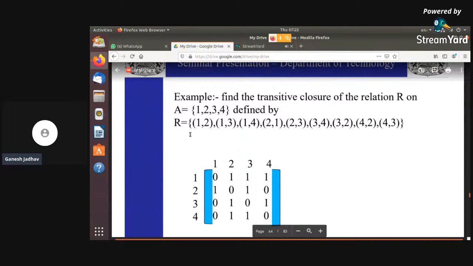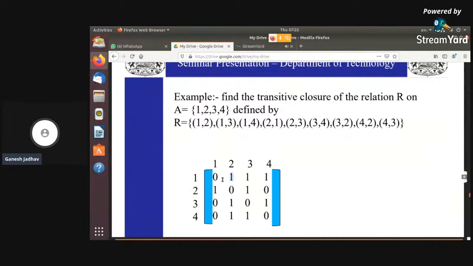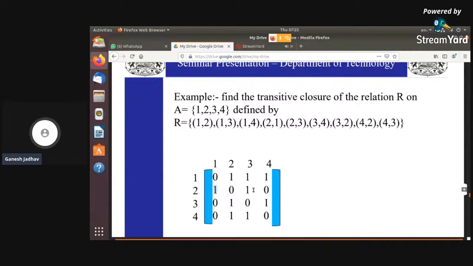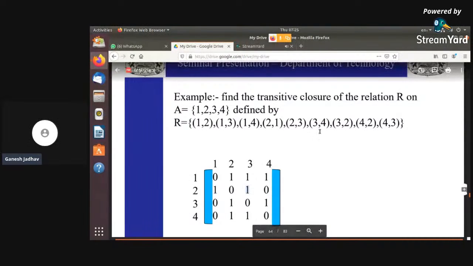So how can you write the matrix using this relation? (1,2) goes to first row and second column. (1,3) goes to first row and third column. (1,4) goes to first row and fourth column. Then (2,1) is second row first column, (2,3) is second row third column, (3,4) is third row fourth column, (3,2) is third row second column, (4,2) is fourth row second column, and (4,3) is fourth row third column.